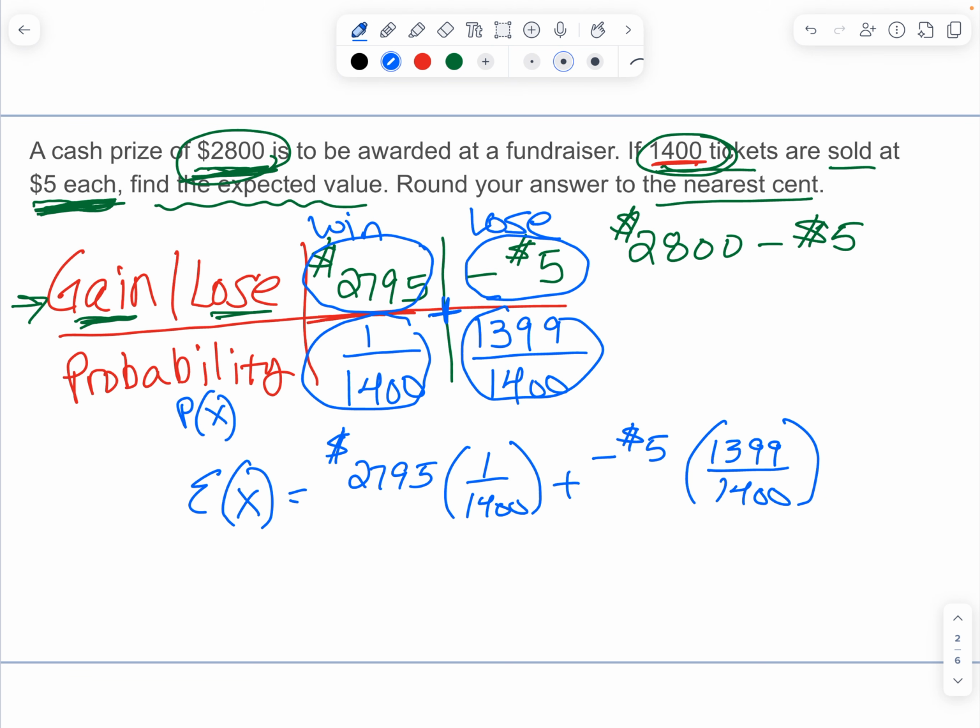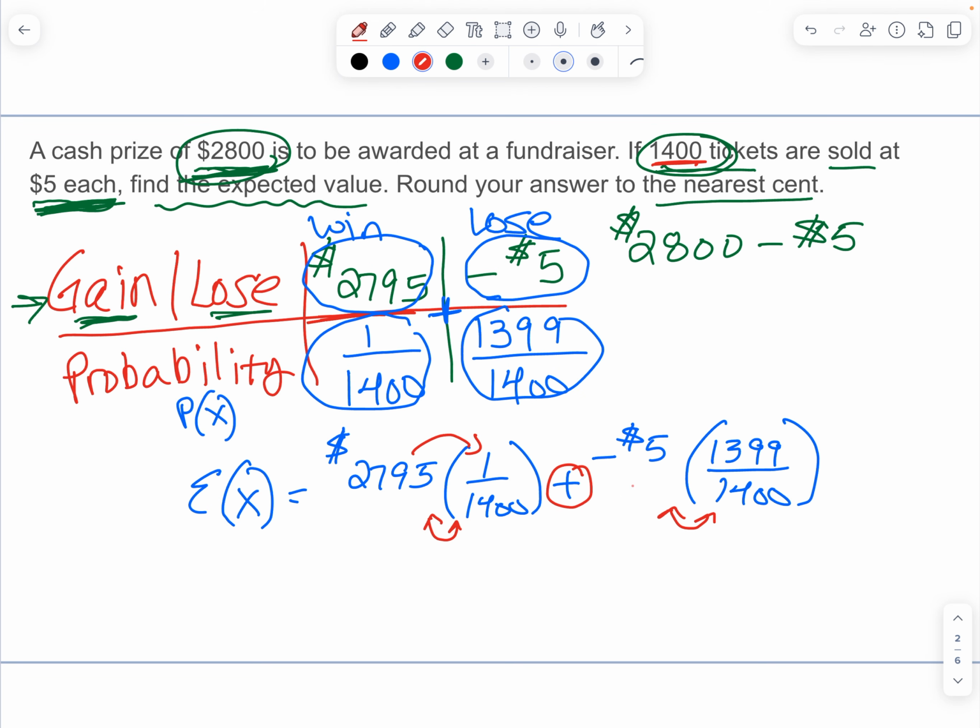Okay, so once we do this, it's multiplication first. Remember, please excuse my dear Aunt Sally, you want to multiply first, these two. And then at the bitter end, you are going to add. So in your calculator, I would do 2795 times 1 and divide that by 1,400.